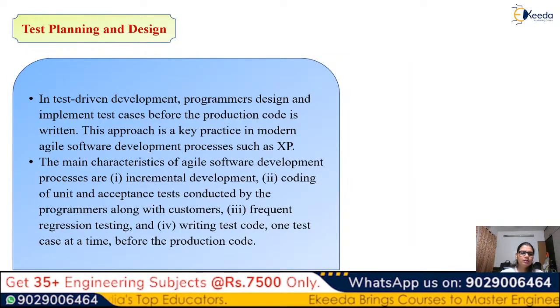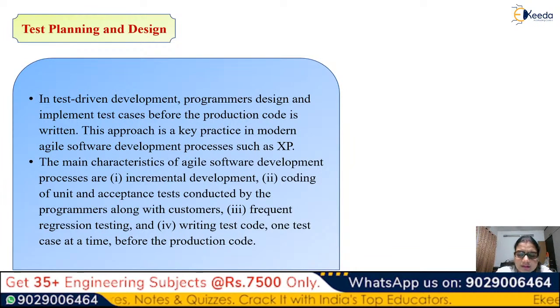Then we have another one, like in test driven development. The programmers design and implement test cases before the production code is written. So in test driven development, the test cases are planned: what types of testing are to be performed on the modules, and how many modules are to be picked up during the test cases.